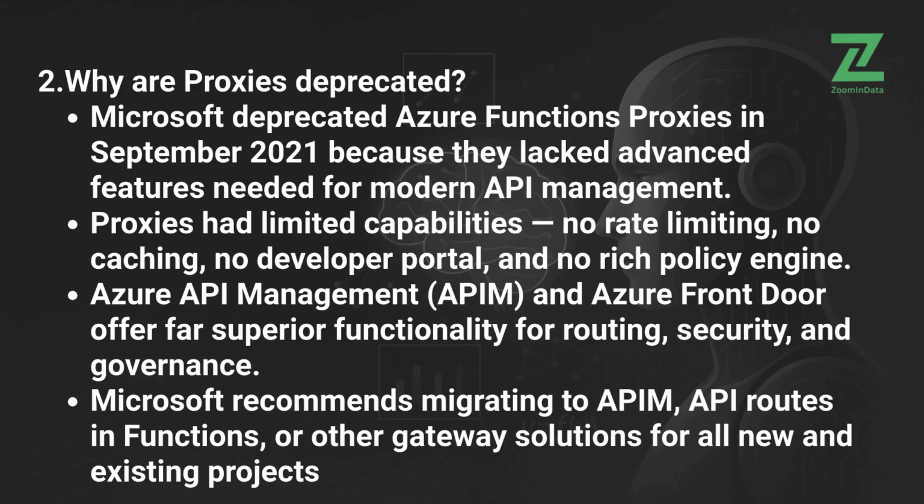Azure API Management, APIM, and Azure Front Door offer far superior functionality for routing, security, and governance. Microsoft recommends migrating to APIM, API routes in Functions, or other gateway solutions for all new and existing projects.